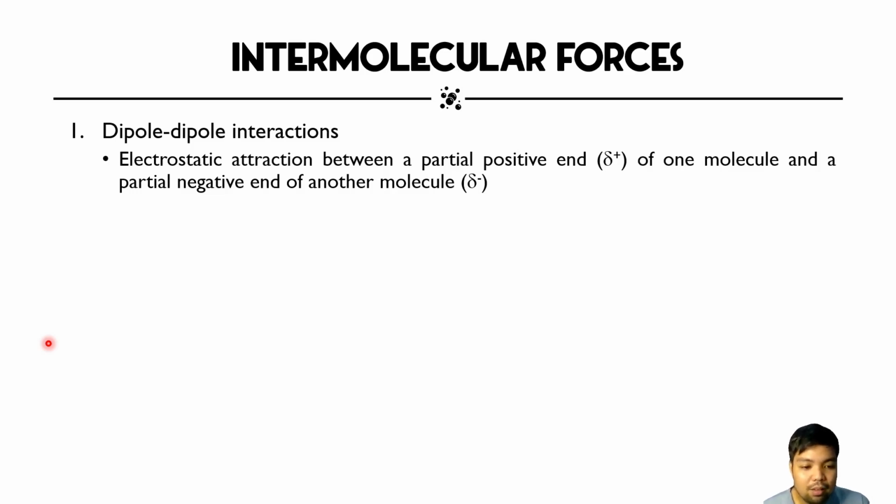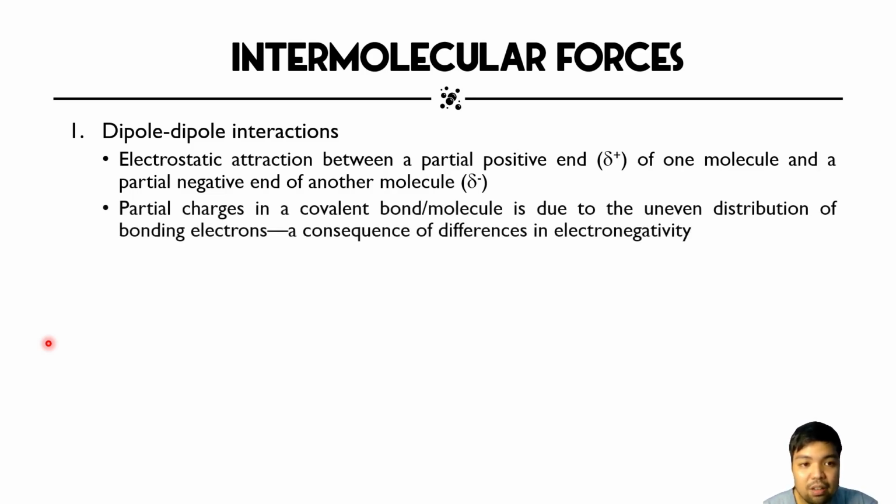This partial positive and partial negative end of a molecule is born out of the huge difference in electronegativity between atoms in a bond. I will discuss that in detail in a different video.